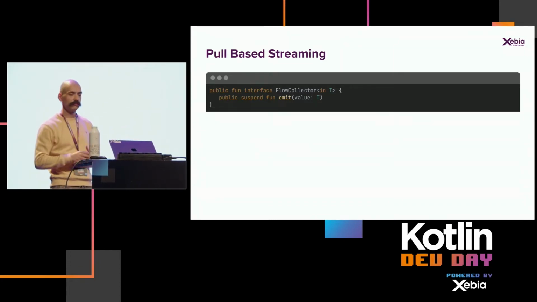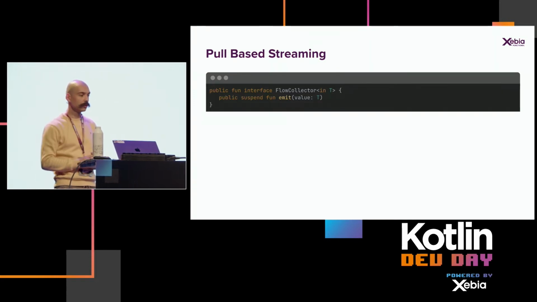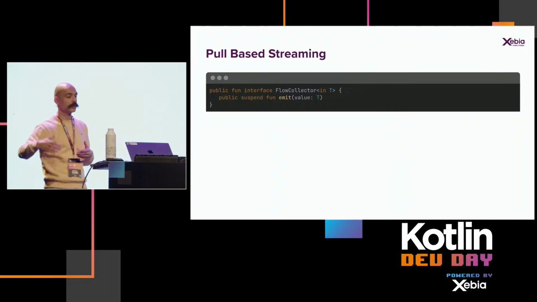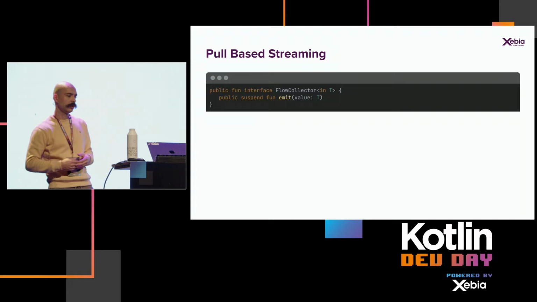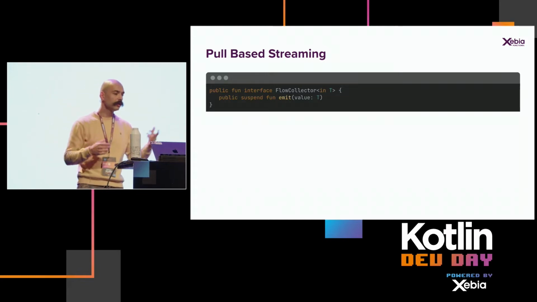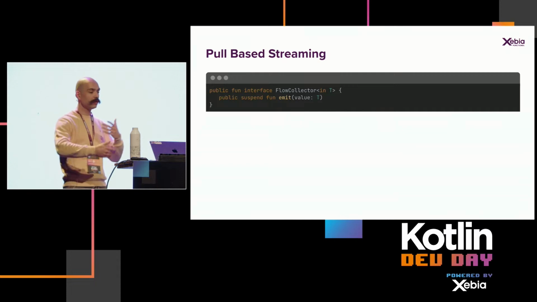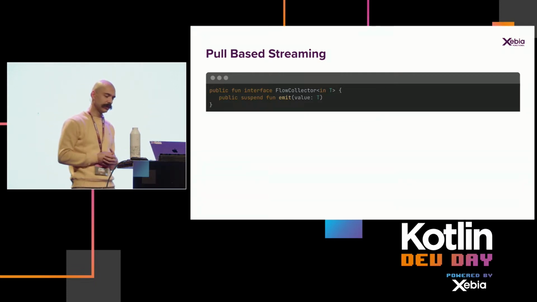So in Kotlin, I'm sure we all love KotlinX Coroutines. We love Kotlin Coroutines. We love suspend. What is actually happening here, if you send a circle downstream, this function will not return until the downstream has processed this element. So we get this automatic way of communicating from the downstream to the upstream how fast we can process these elements through the Kotlin suspend system.